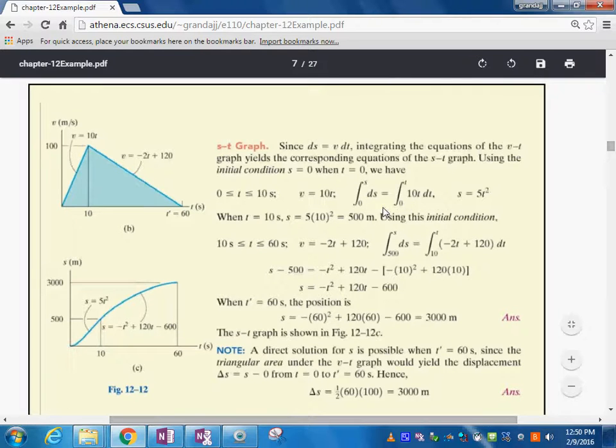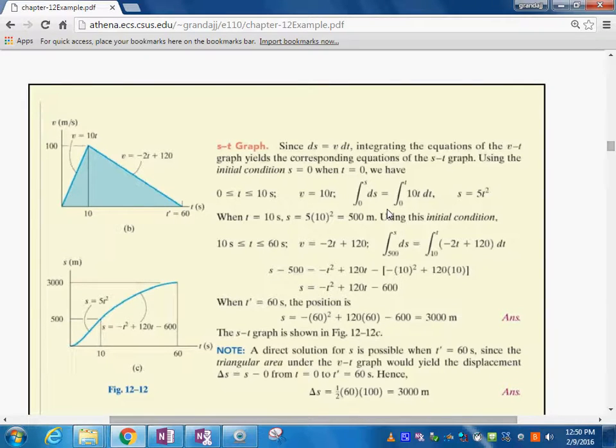Okay, so in here you will know the position as being minus 500. That's equal to minus t squared plus 120t plus 10 squared minus 120 times 10. So from here you'll know you have s.